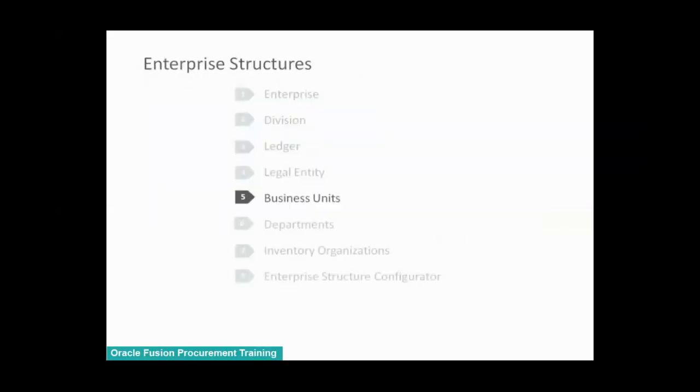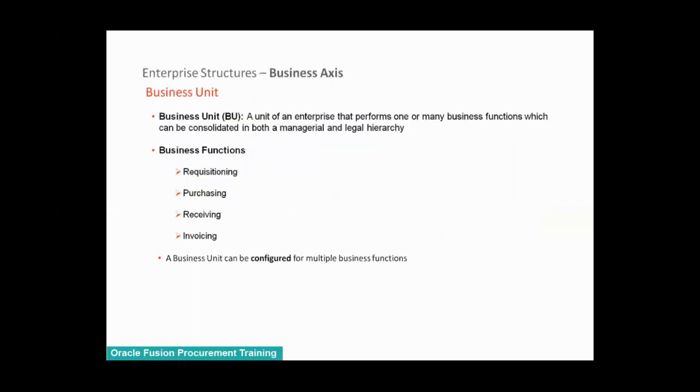Okay. And then business unit. So as I told you, operating unit is replaced with the business unit. Okay. Now while creating the business unit in Fusion application, we can select the purpose of the business unit.